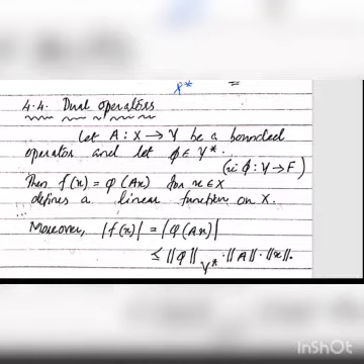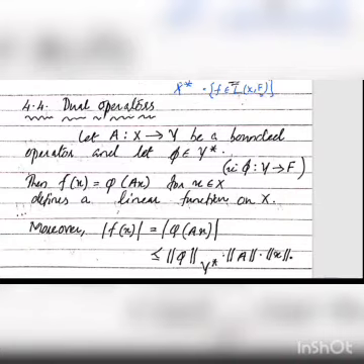Now X star means the set of all f belonging to L(X, F). That means F can be real numbers or complex numbers. So it is the set of all linear functionals from X to the field.